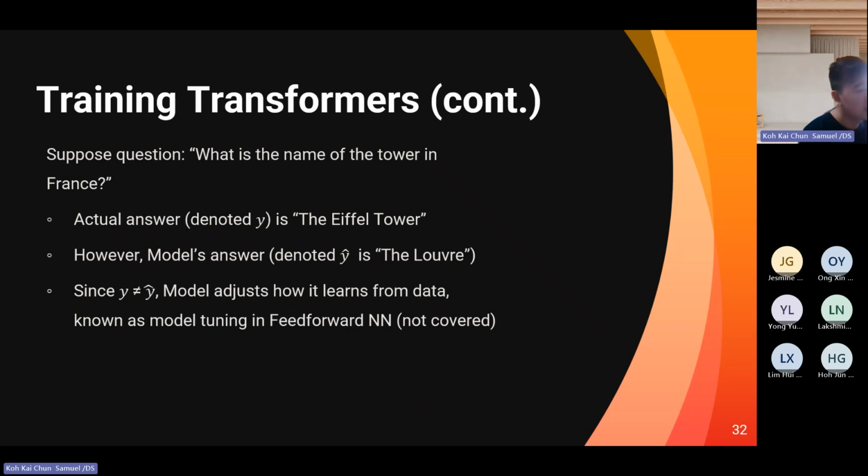The model adjusts how it learns from data, not as model tuning in a feed-forward neural network. The feed-forward neural network will do backpropagation and tuning. This is not covered in depth, but all you need to know is that the feed-forward neural network has engineers tune it to understand how to improve this AI model, right?